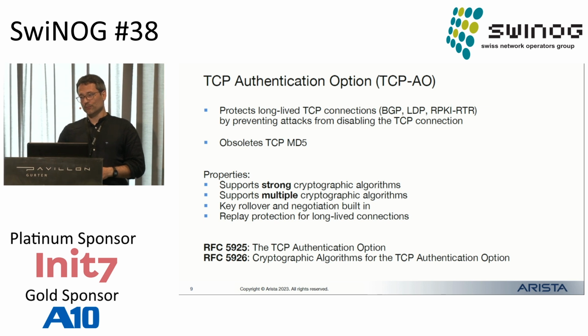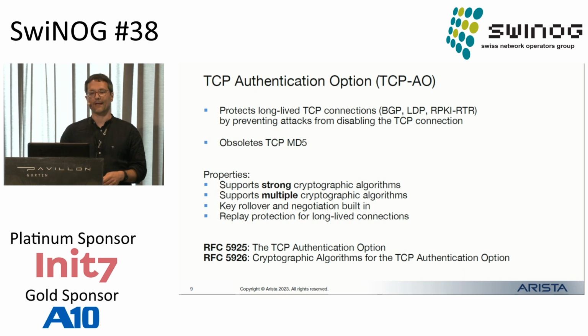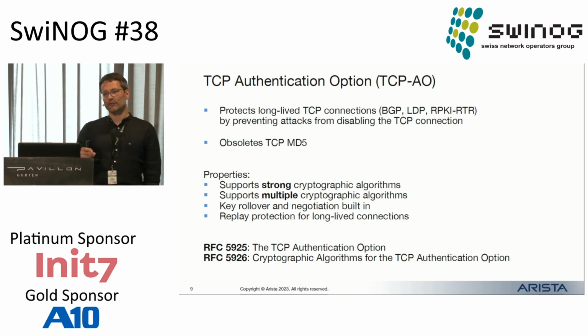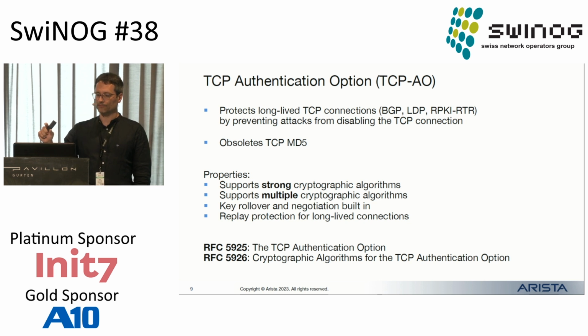It also provides key rollover functionality, so if we need to change a key, the session will not go down. And it provides replay protection. It's defined in actually two RFCs. The first describes the authentication option, and the second one describes the algorithms that are mandatory to implement it.